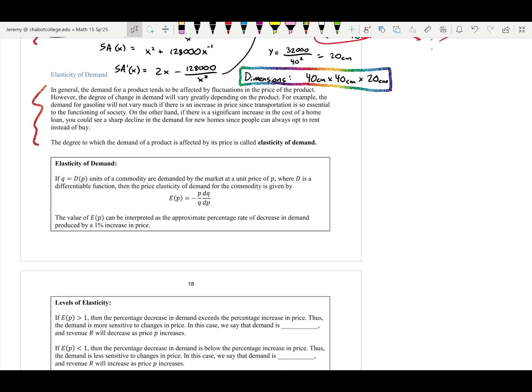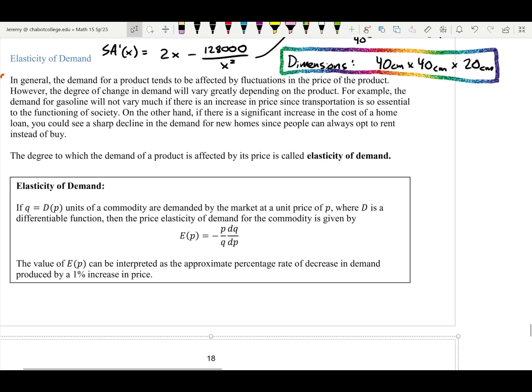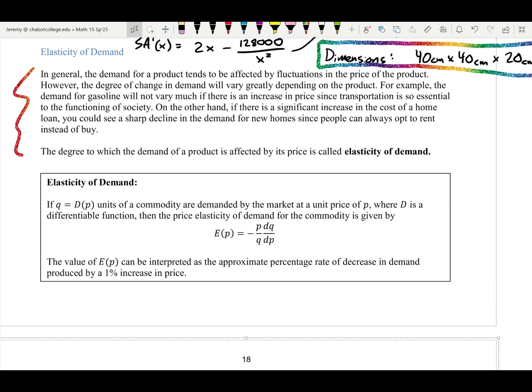And we have a pretty nice little function to express elasticity of demand in terms of a derivative of the demand function. So if Q, we're going to call this our demand function, this is D of P. So if that many units of a commodity are demanded by the market at a unit price of P, where this will be measured in dollars in most cases, or whatever your currency is, where D is a differentiable function, then the price elasticity of demand for the commodity is given by E of P. That's how we label the elasticity function.